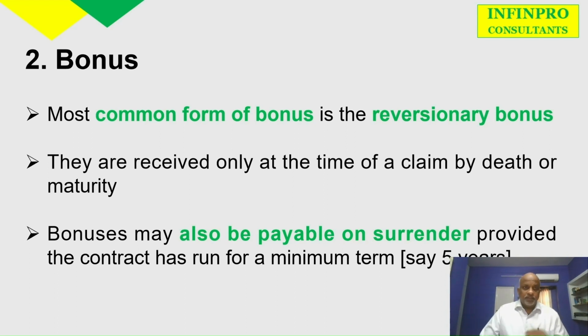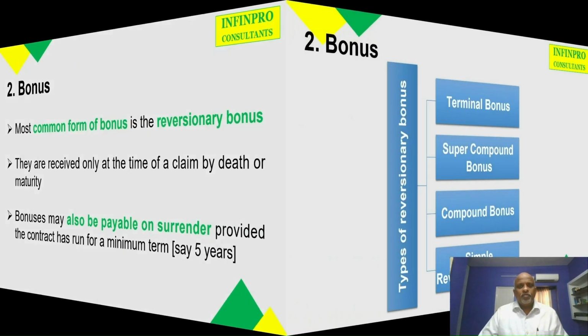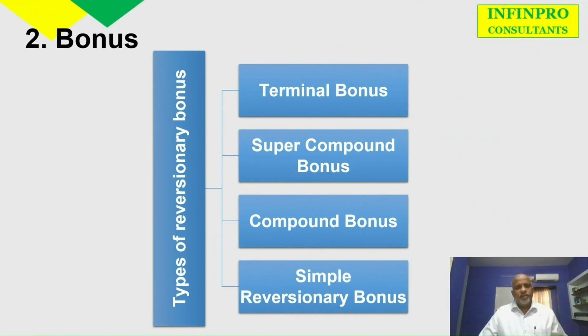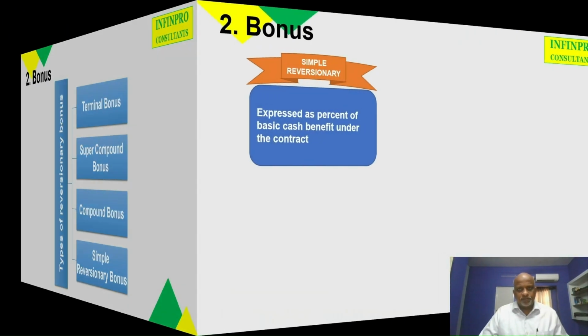So if the policy accrues a bonus at a certain number of years, and then if the policy comes to surrender, the policy will be eligible for bonus, right? So there are various types of reversionary bonus. To understand few: terminal bonus, compound bonus, simple reversionary bonus, and super compound bonus. So to understand few bonus types, let's read through the chapter further, right?